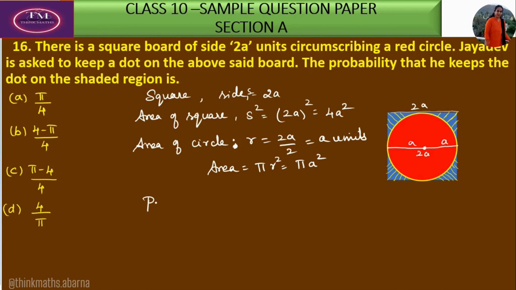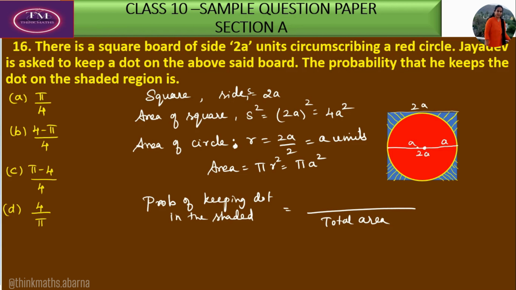Now we have to find the probability. The probability of keeping the dot in the shaded region is the shaded area divided by the total area. If we take out the area of the circle from the area of the square, we will get the area of the shaded region.